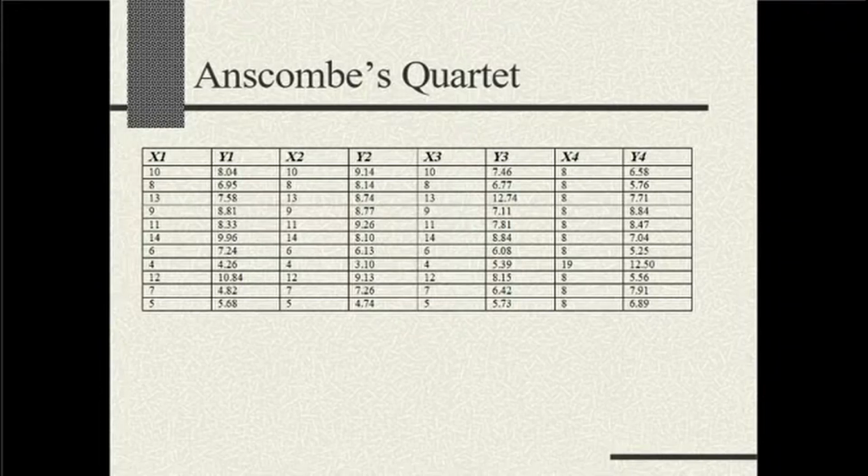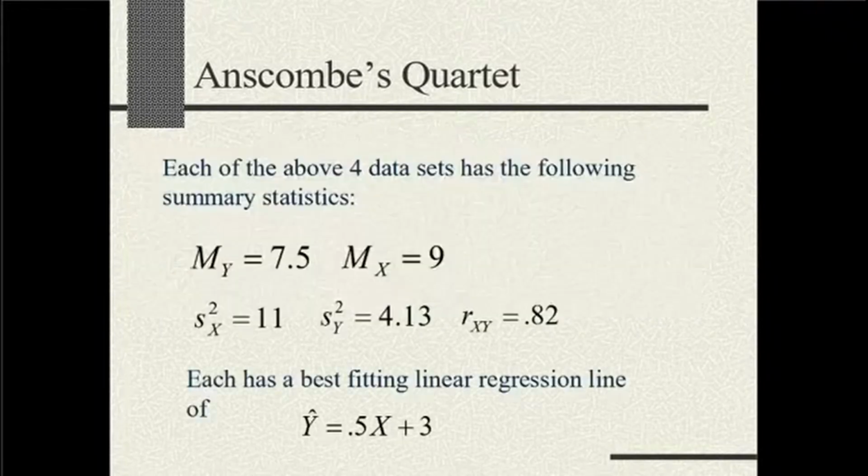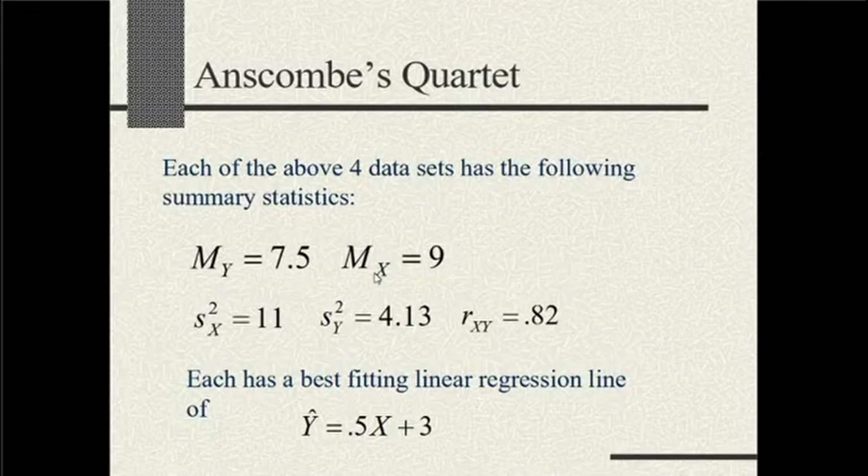Interesting thing is that you have 11 observations. Why 11? Because in his example he took 11 such observations, and what he really showed is that in these 4 combinations of variables x, y, the mean of each y variable is 7.5, the mean of each x variable is 9, the variance is about 11 for x, and for y it is 4.13, and the correlation is 0.82.